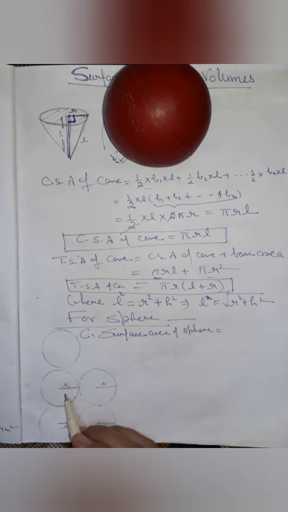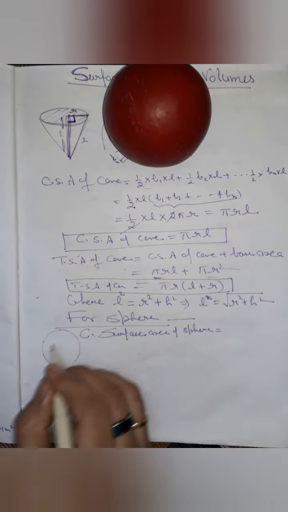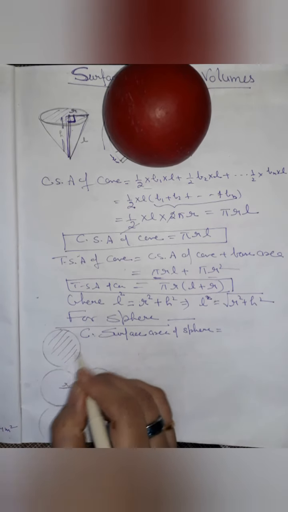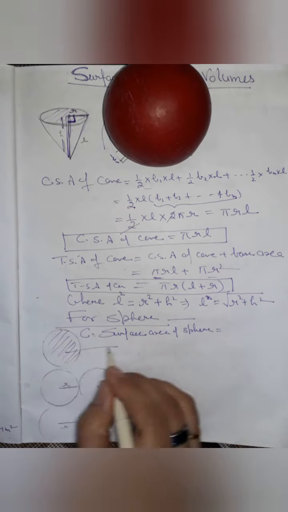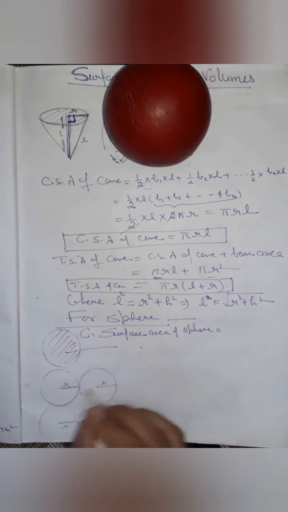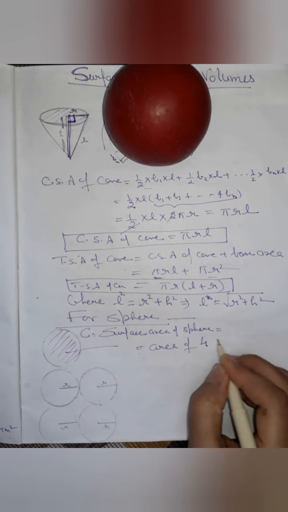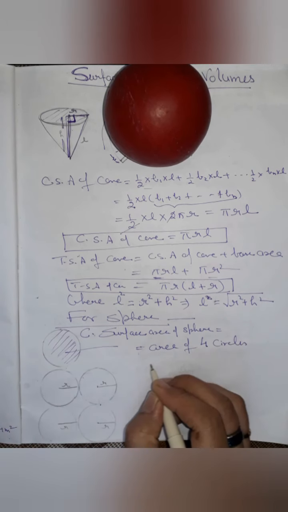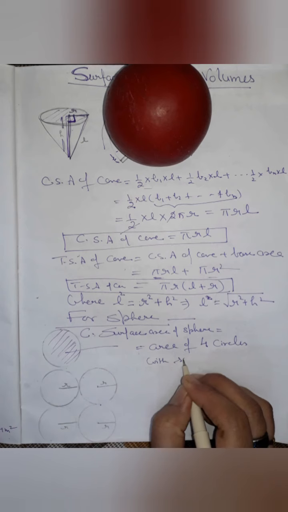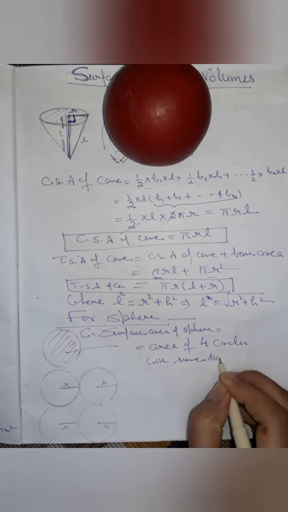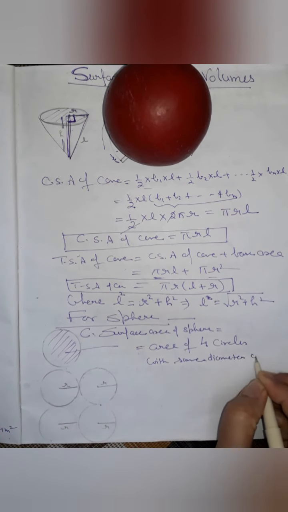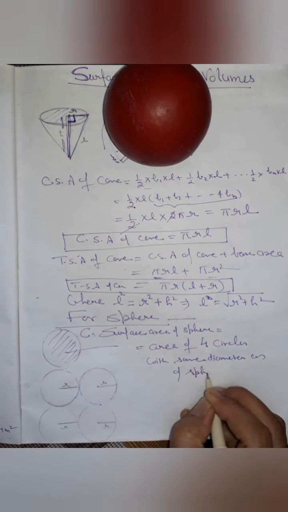It means that the surface area of this ball will be equal to the area of 4 circles with the same diameter as the sphere.